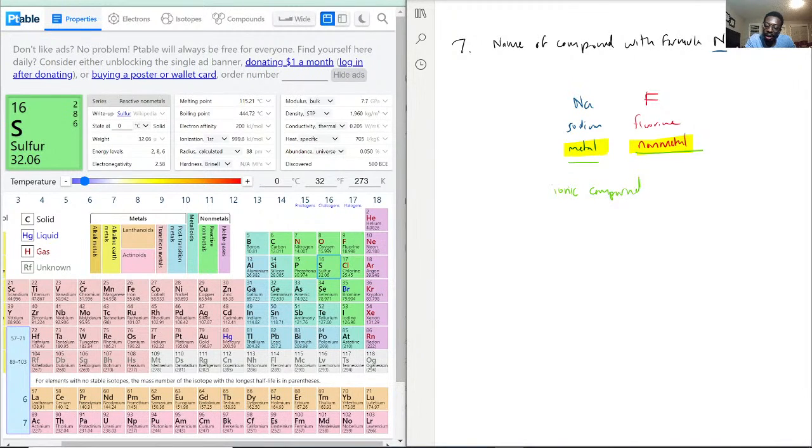And ionic compounds have a certain way to be named, okay? You start first with just the sodium. You don't change anything. And then you get the fluorine, okay? But you stop here. The INE in this gets dropped and gets replaced by an IDE, okay?